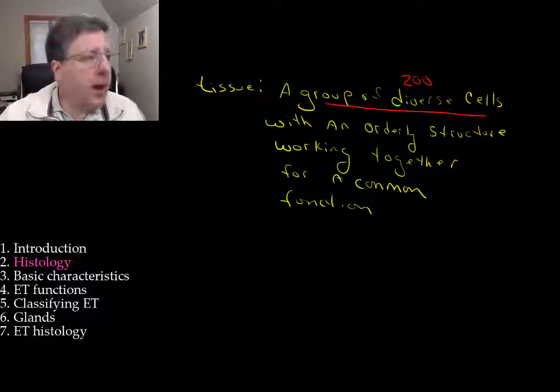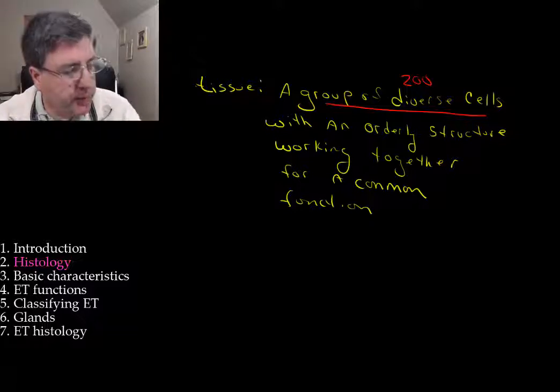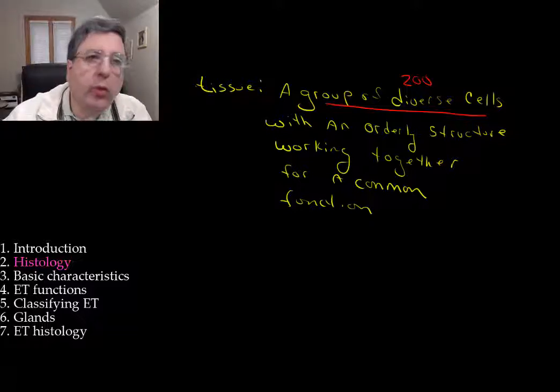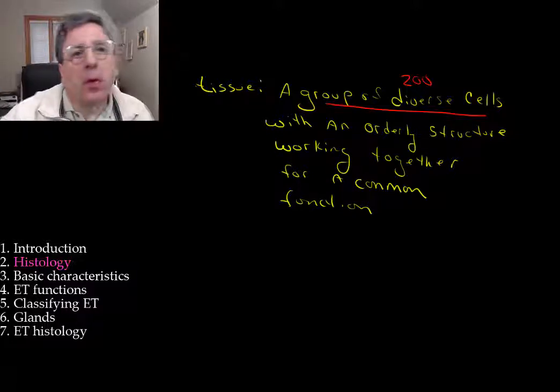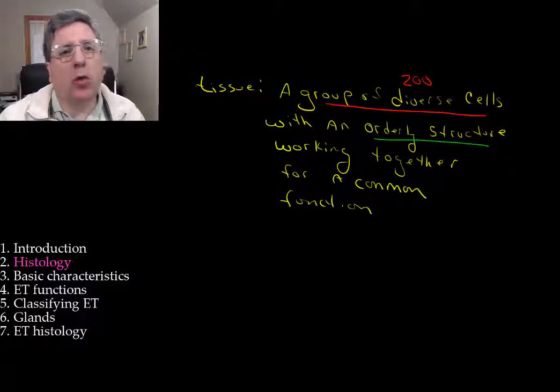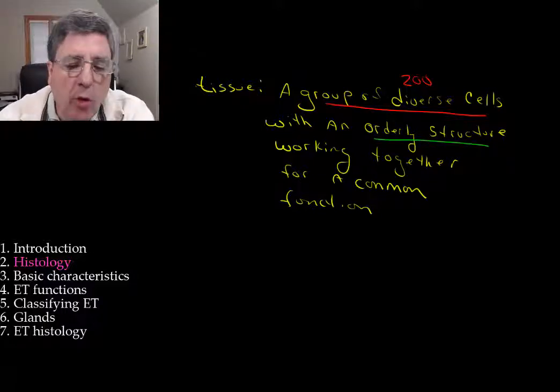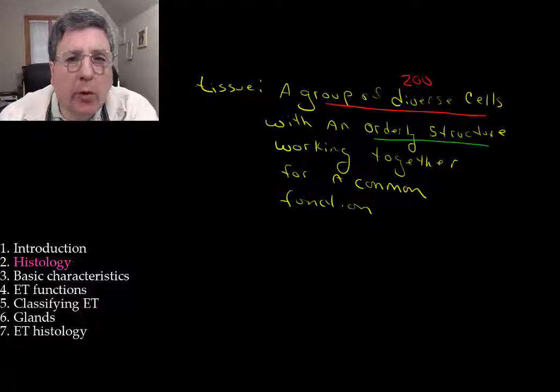When we're looking at this, we are looking at cells that have to follow some kind of an orderly structure. In the next few videos, we're going to be looking at the different tissue types.